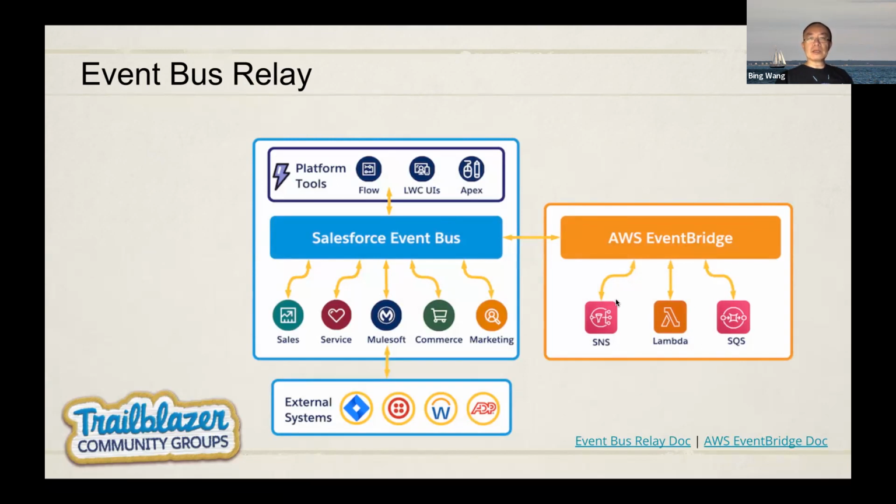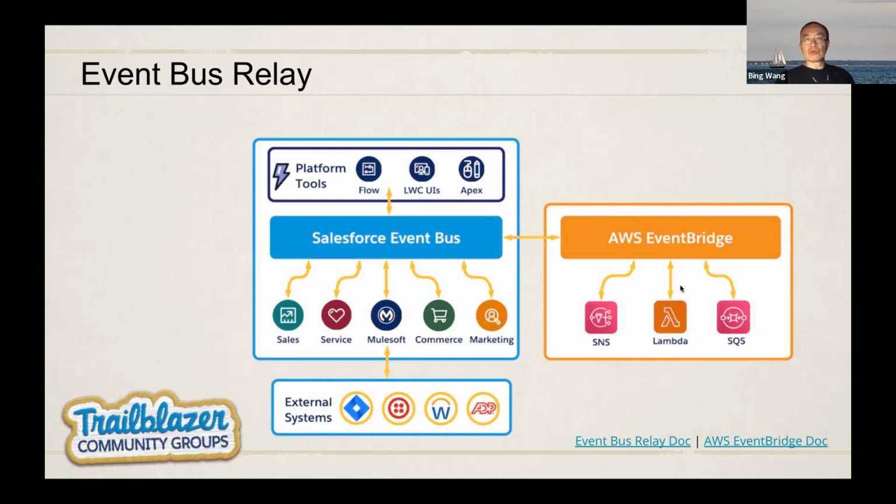And then the importance here. Again, when you have an event that comes out of the Salesforce event bus, because of some of the limitations with the event bus, a lot of times it's more economical or convenient to actually pipe that into EventBridge, so you can get to additional things like Simple Notification Service or a queuing service in AWS that reaches a whole lot more audiences than the Salesforce event bus alone can do.